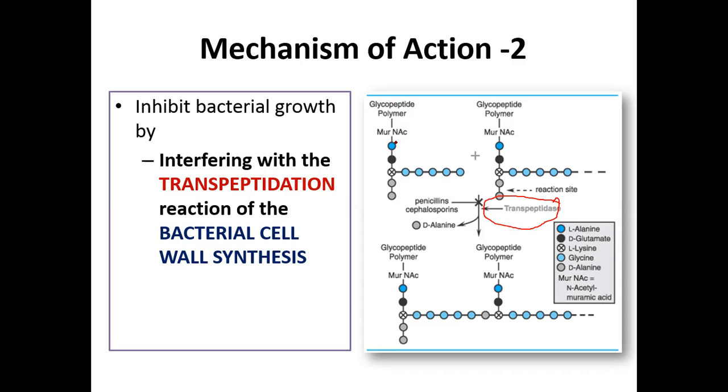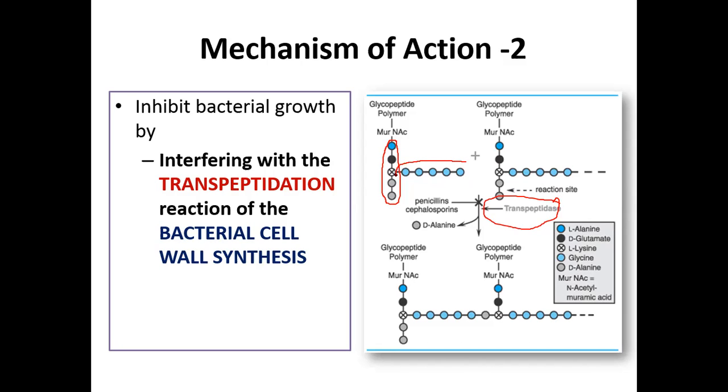Now, at the end of that glycopeptide polymer is this pentapeptide, which is made up of these amino acids. We don't have to remember them really, but this just gives you the types of amino acids there, and also because the mechanism of action does apply for this particular enzyme.